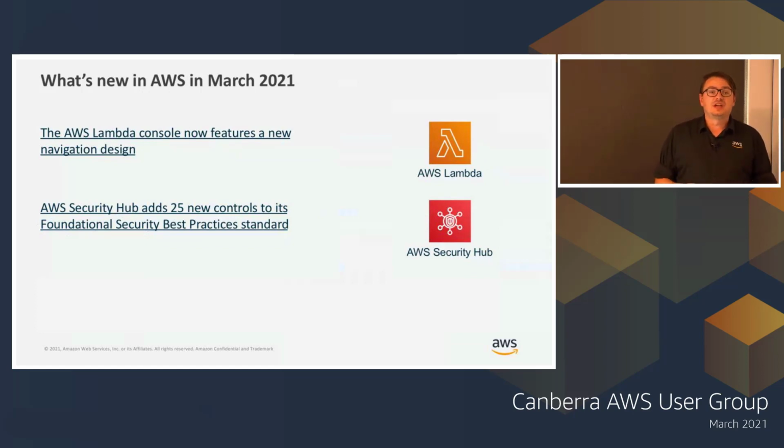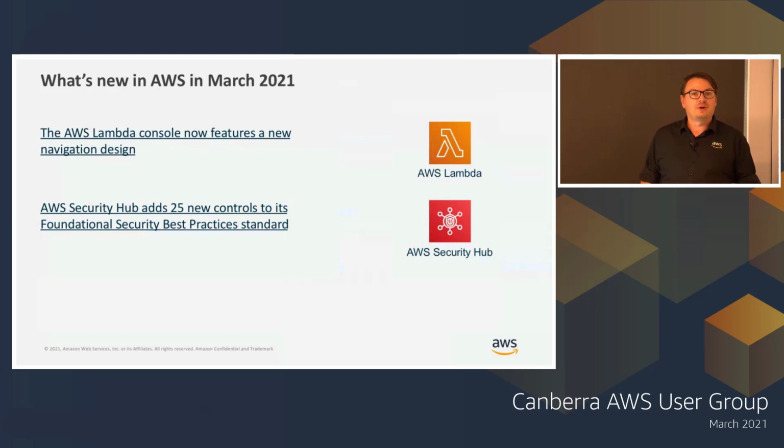The next was an update for AWS Security Hub. So the foundational security best practices baseline that was already part of Security Hub now has an additional 25 checks that have been added to it. So this brings the total to 115. So these new checks will tie into a number of different AWS services and provide you security guidance and best practices around those services.